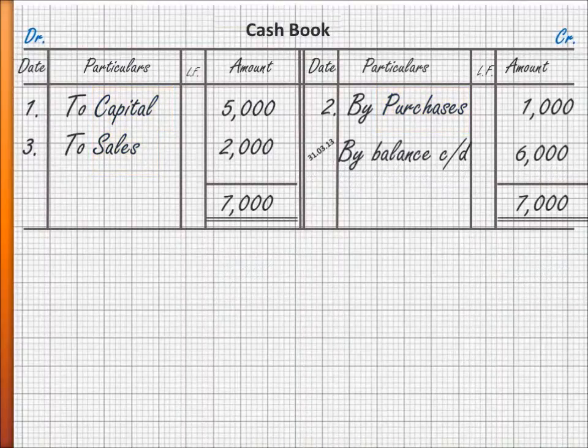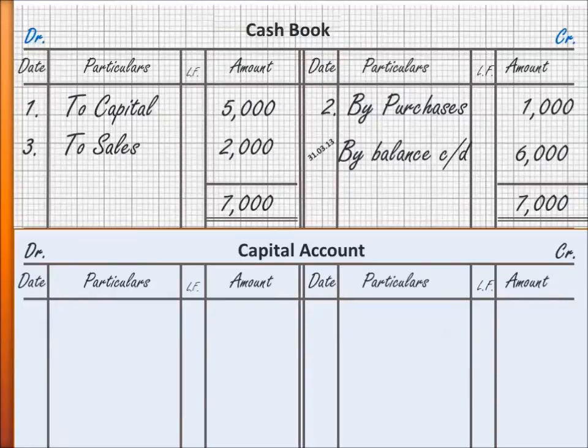So come to the capital account first. In the cash book, the capital account is showing 5,000 on the debit side. And this debit amount will be taken to the credit side of the capital account. If there is an amount on the debit side of the cash book, what does it mean? Cash account has been debited.